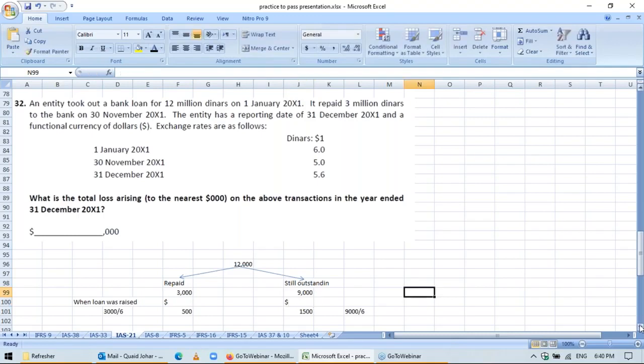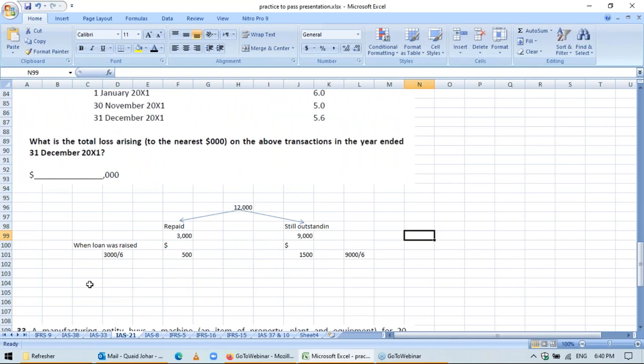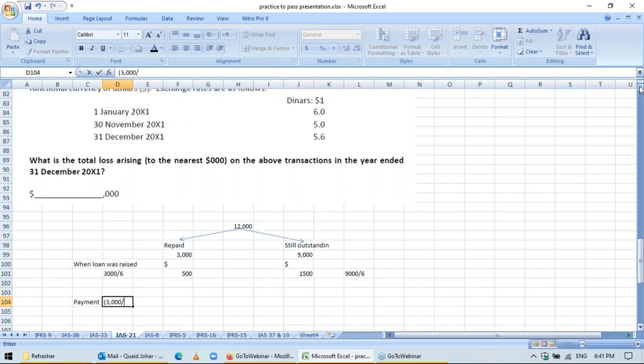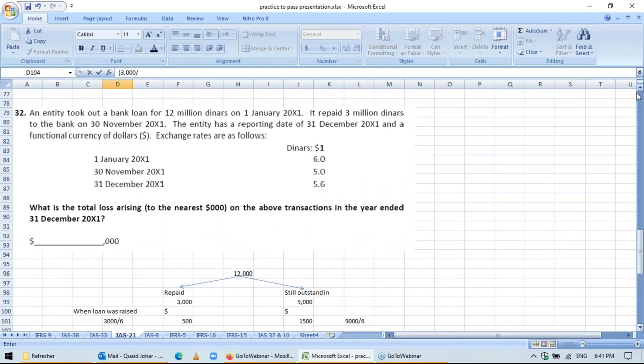Right? So now, at the time of payment, when they repay it, the 3,000 dinars were repaid at what rate? They made a repayment on 30th of November, and at that time the rate was 5.